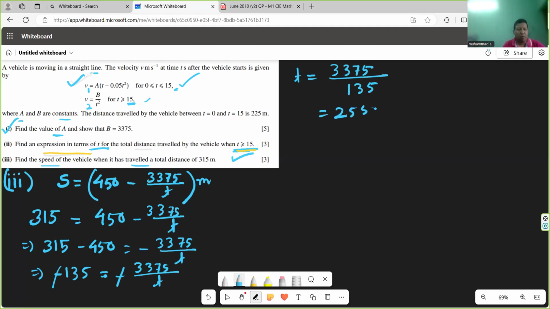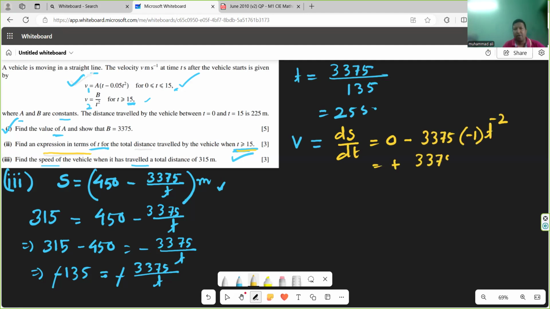Now, if we want to find the velocity, we have to differentiate this displacement. v equals the derivative of displacement with respect to time. So we get 0 minus 3375 times minus 1 times t to the power minus 2. So it will be plus 3375 by t squared.